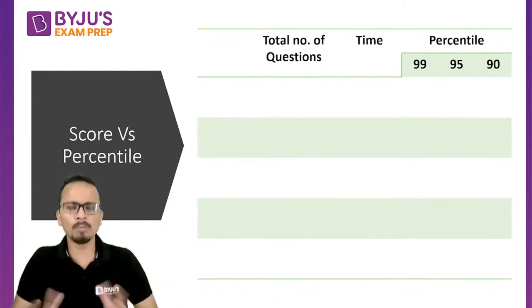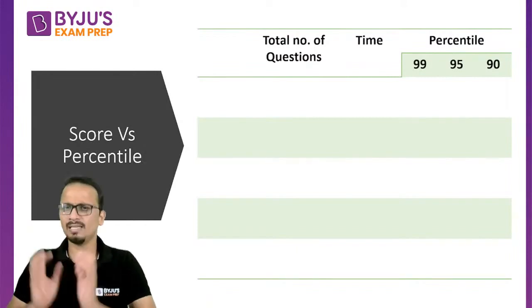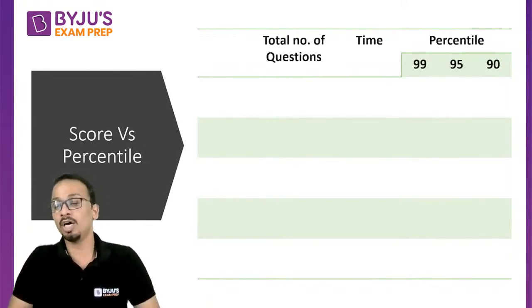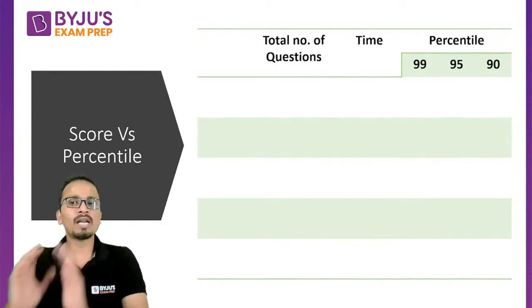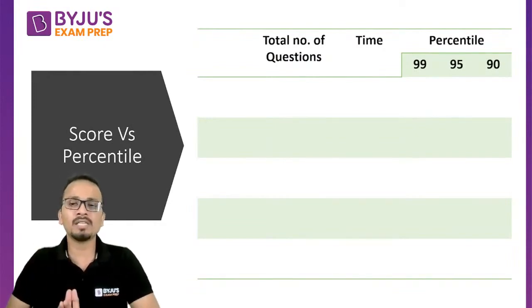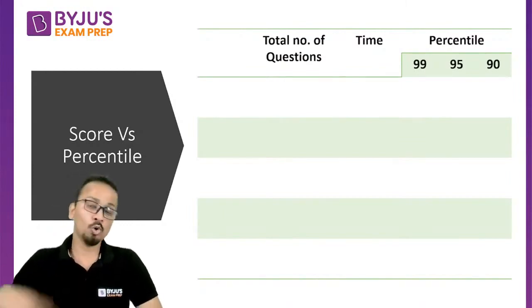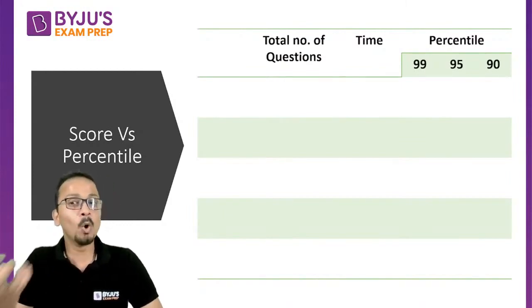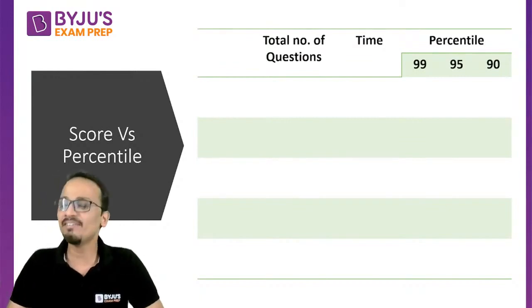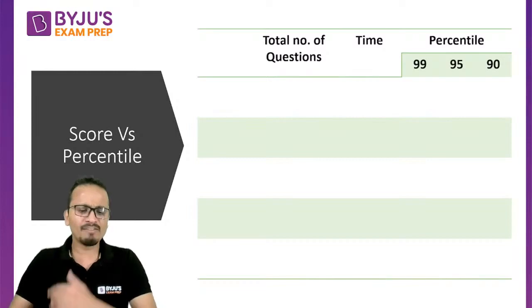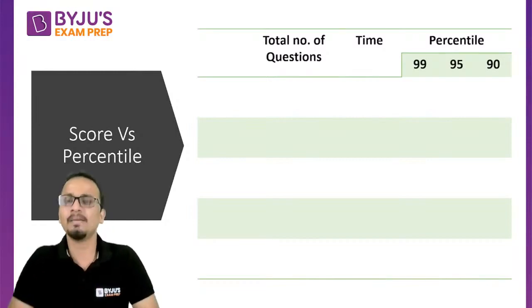So a sectional cutoff of 90 percentile is there in every top college. So if you are above 90 percentile in this particular section, that means your sectional cutoff has been taken care of. Now, those who are more hungry and want to score 95 plus percentile or 99 plus percentile, they'll have to put in some more efforts in this particular section.